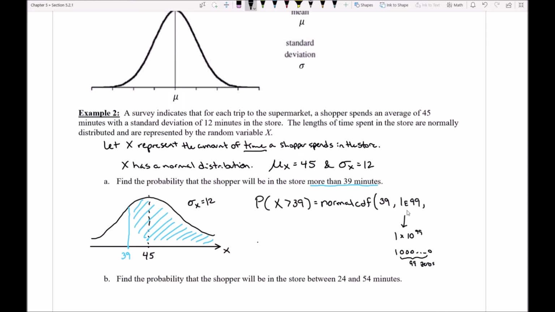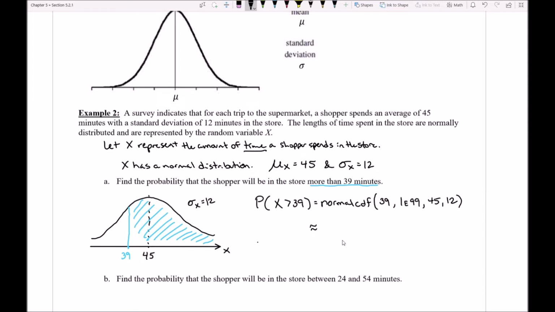That number is massive, and while it's not infinite, it's gonna really give us an accurate result. Okay, so the first 2 numbers again just gave us exactly where we were going to be starting and stopping that blue space. The next 2 numbers are going to be our mean and our standard deviation in exactly that order. And it is required that you write this down on the page so I know what it is that you're planning to type into the calculator.